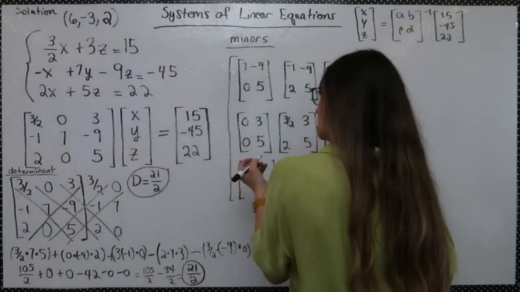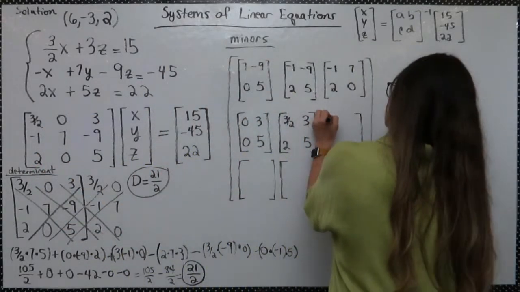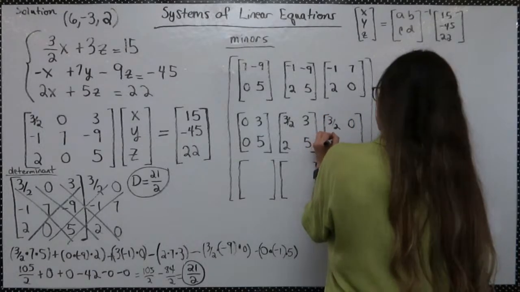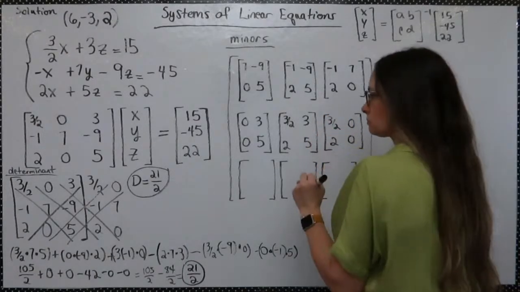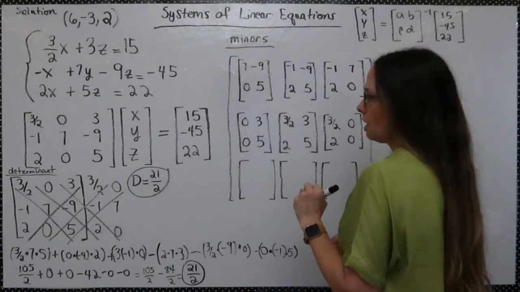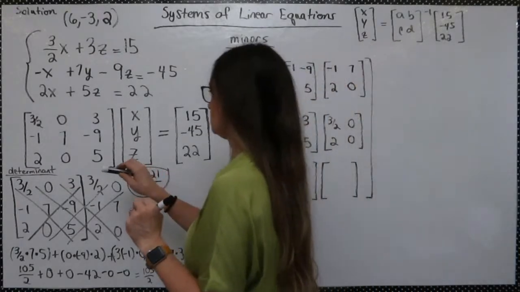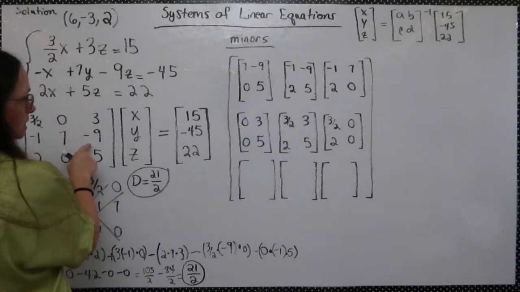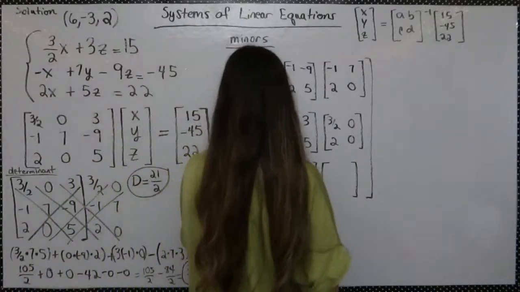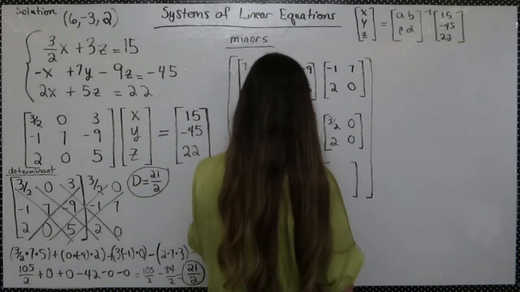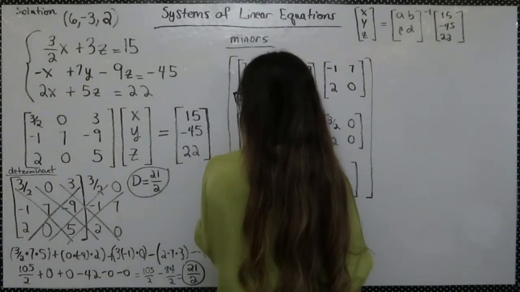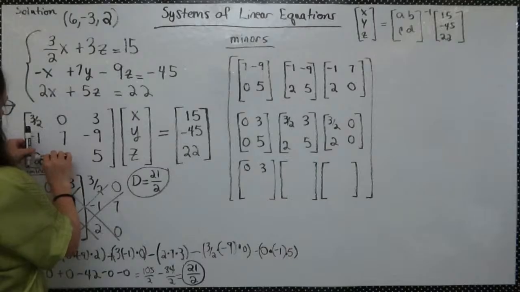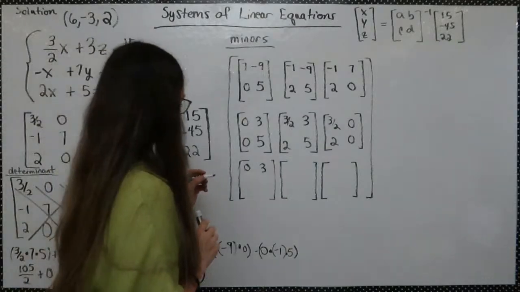This one is going to be these 4. So we've got 3 halves, 0, 2, 0. And then this one is going to be these four: 0, 3, 7, negative 9.